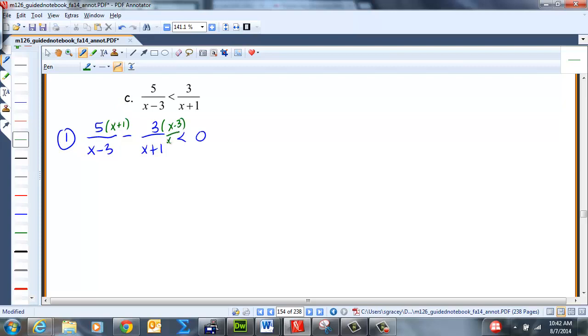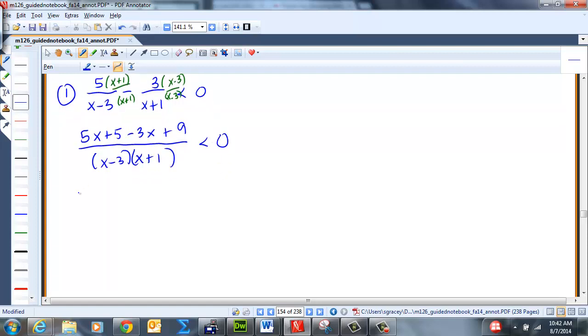So we're basically getting the LCD on both sides, or for the fraction. So this is going to give us 5x plus 5 when I multiply it out, minus 3x, the minus changes it to positive 9, all over x minus 3 times x plus 1, and that's all less than 0.